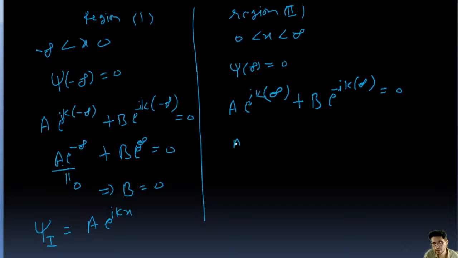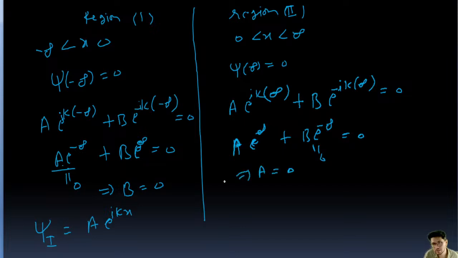So this value is a e to the power infinity plus b e to the power minus infinity. The second term is going to be 0, because e to the power minus infinity is 0, and e to the power infinity cannot be 0, right? So this implies a is 0.